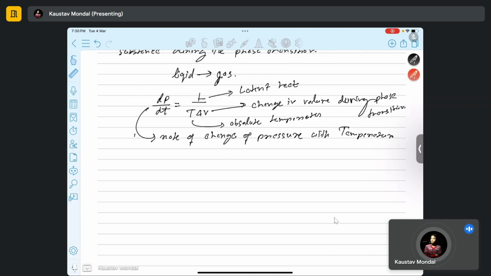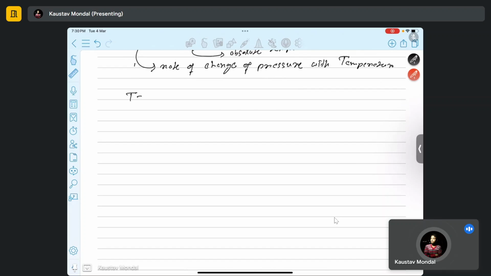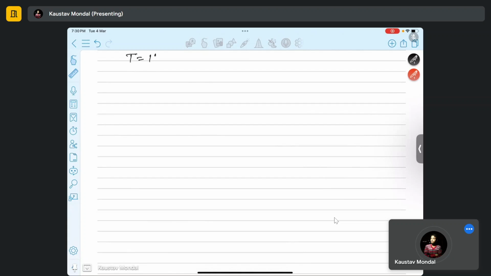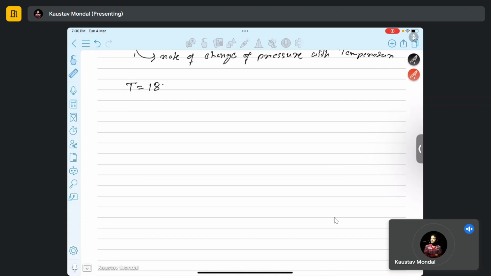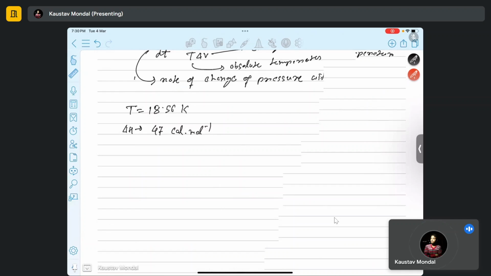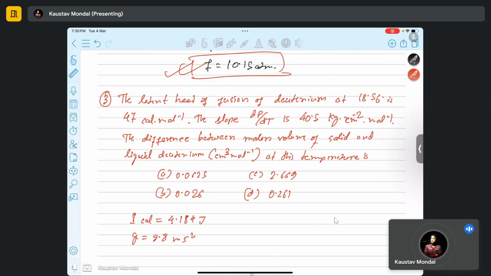So T is given. T is nothing but 18.56 Kelvin, right? 18.56 Kelvin. Delta is, that is latent heat, is 47 calorie per mole inverse. I think this is correct. 47, yes.